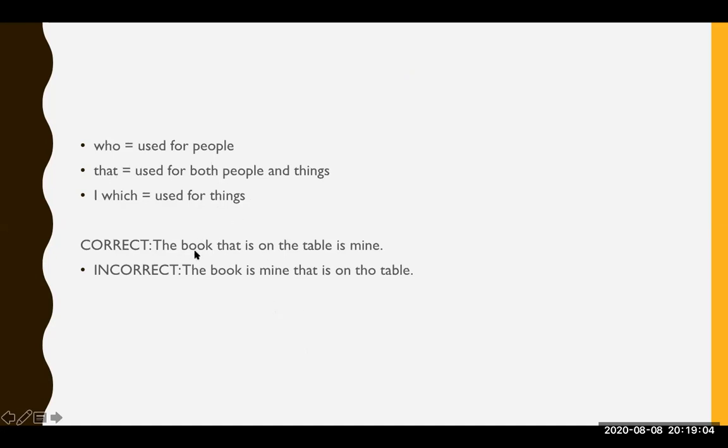Look at this sentence. The book is on the table. The book that is on the table is mine. The book which is on the table is mine. But the second sentence is incorrect. You don't say "the book is mine that is on the table," because the adjectival clause should be closest to the noun it describes.